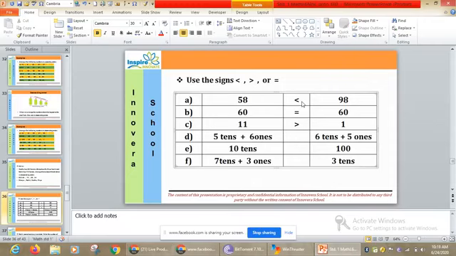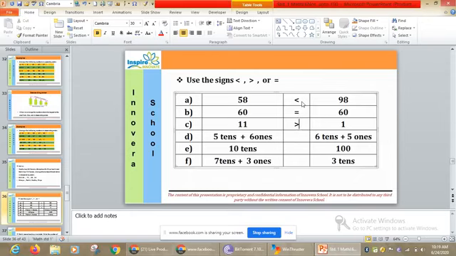The next question. Five tens and 6 ones, and 6 tens and 5 ones.